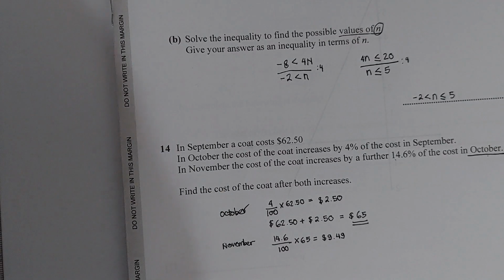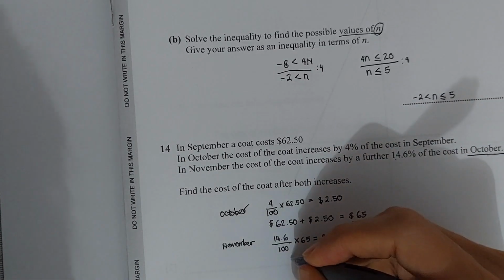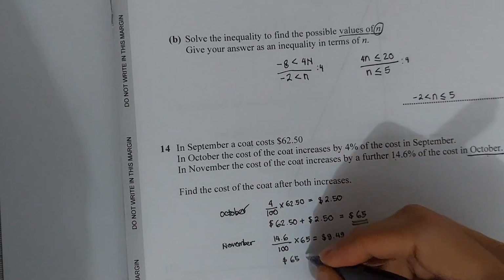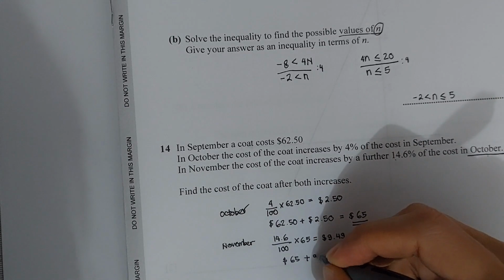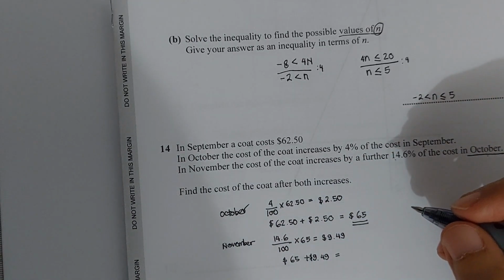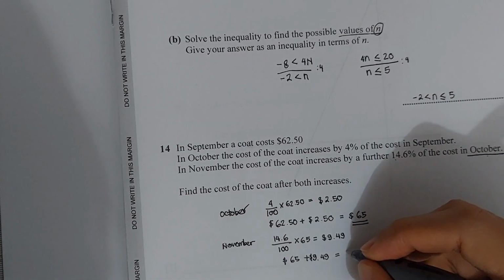Now, what will be the final cost of the coat in November? Then what is the last price that we have? 65, right? So 65 is being increased again in November by $9.49, which is this one will give you 65 plus 9. It will be 74, right?